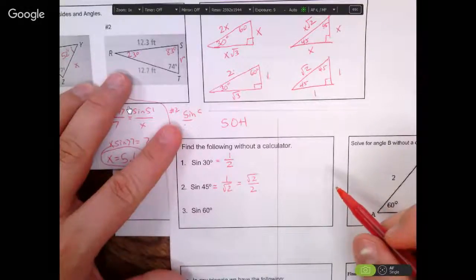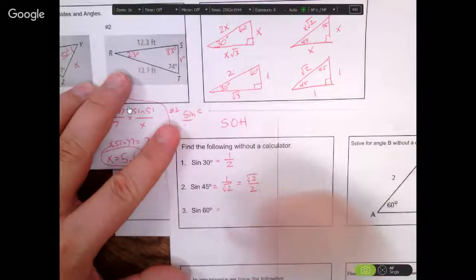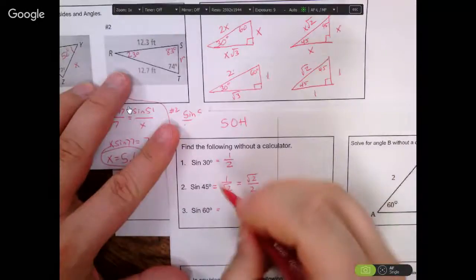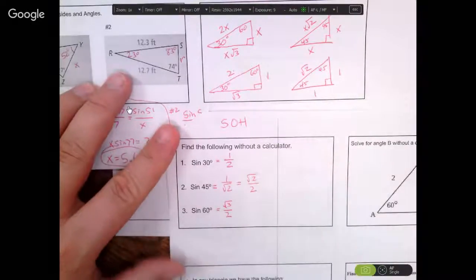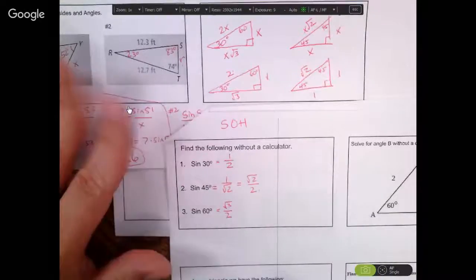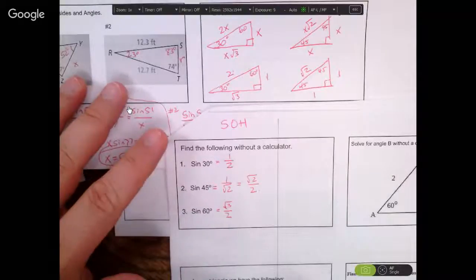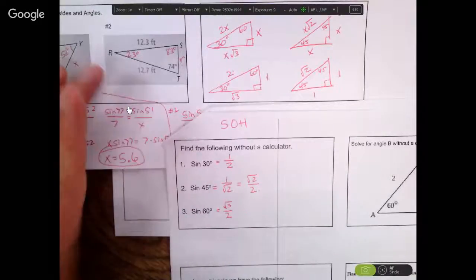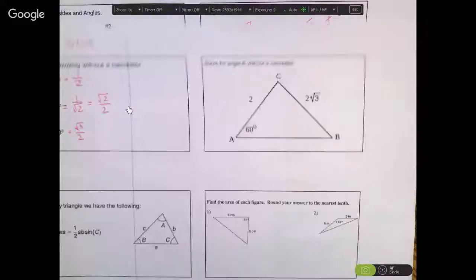And then the sine of 60 is radical 3 over 2. I don't have to fix that one because the radical's already in the top, which we call the numerator.